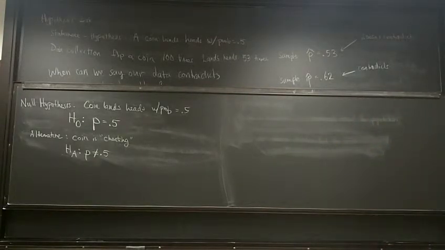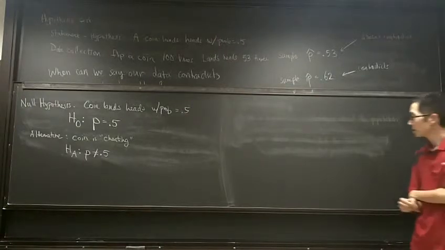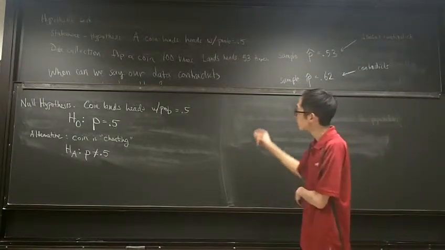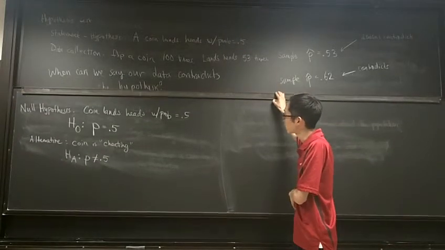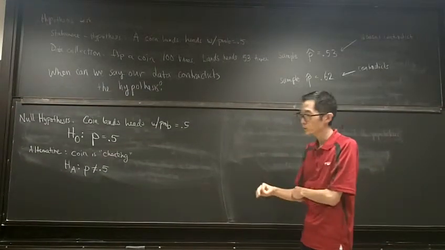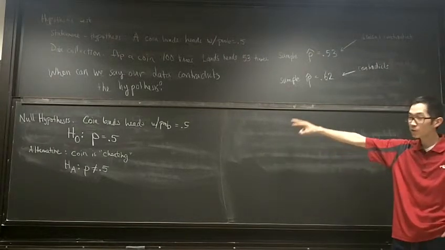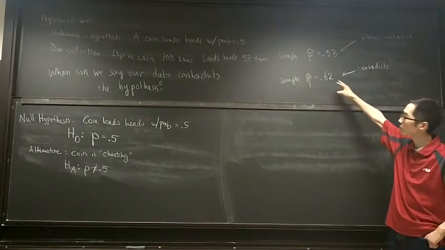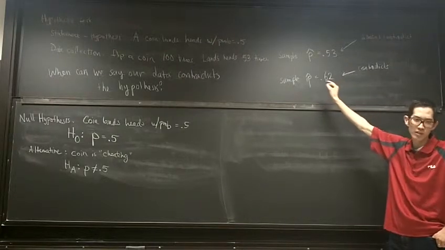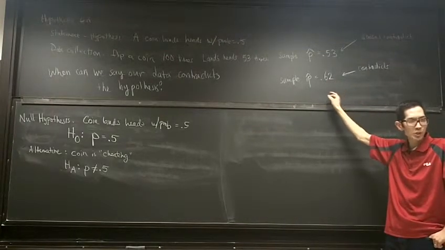Alright, so I could say this is how we decide if our data contradicts our null hypothesis or not. Let's say just for argument's sake my coin landed heads 62 times, and you say, I think your coin is cheating somehow.